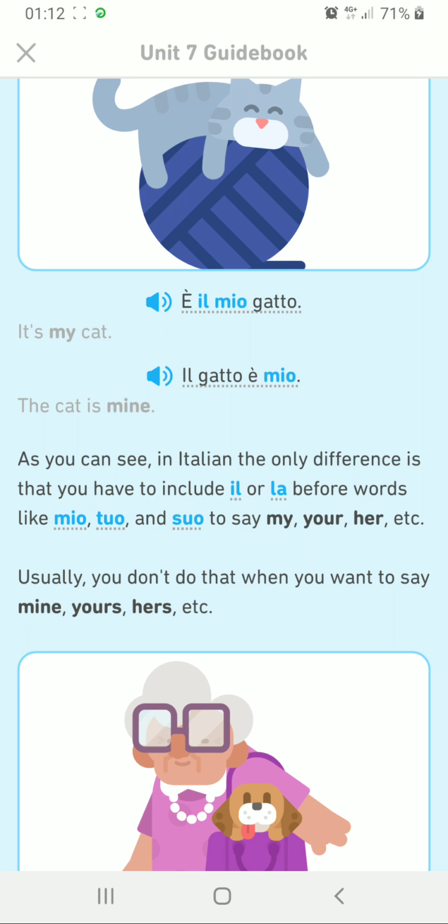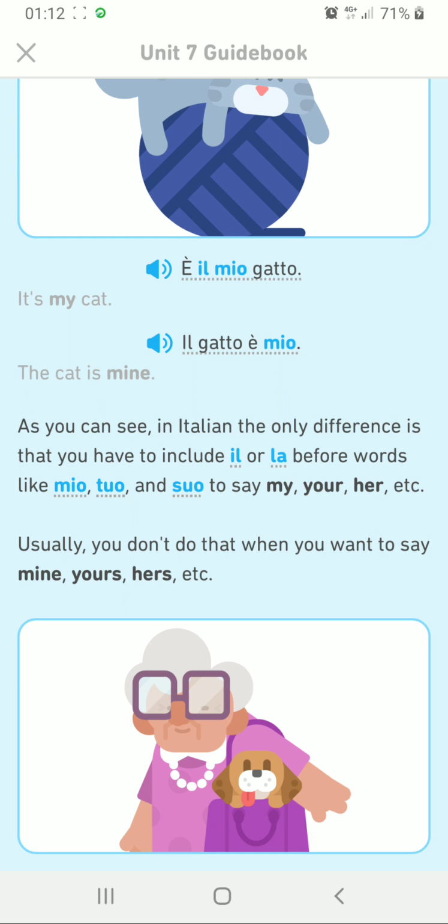Most of the time the letter S in Italian is pronounced as a Z, but here it is like an S. These words mean my, your, her, and so on. Notice that suo means its, her, and his, not just her.